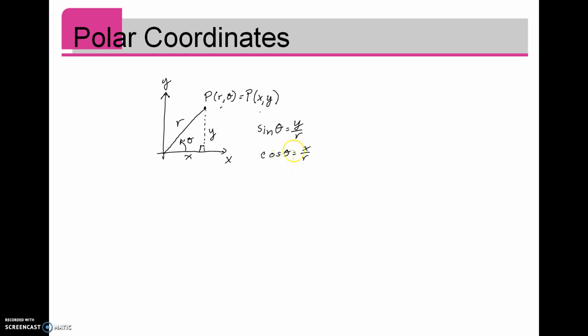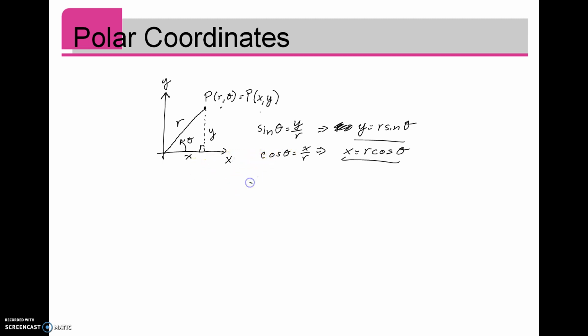From there, we can basically say y is equivalent to r sine theta, and x is equivalent to r cosine theta. Good. So these are the two equations. If you have r and theta, you can find your y and your x.